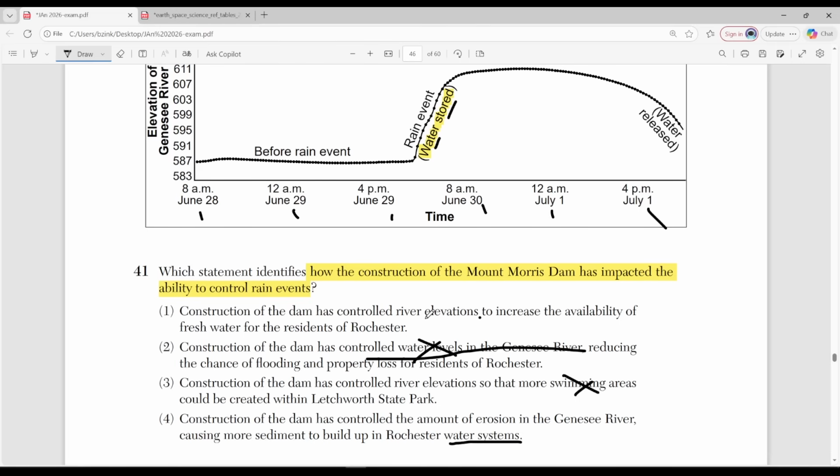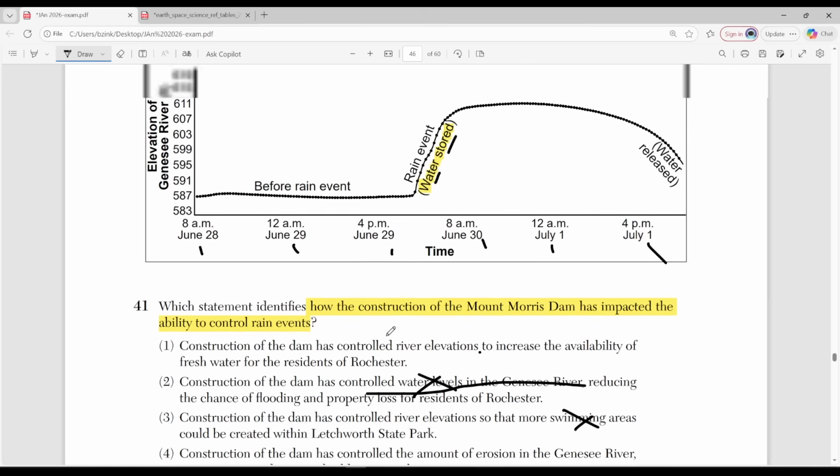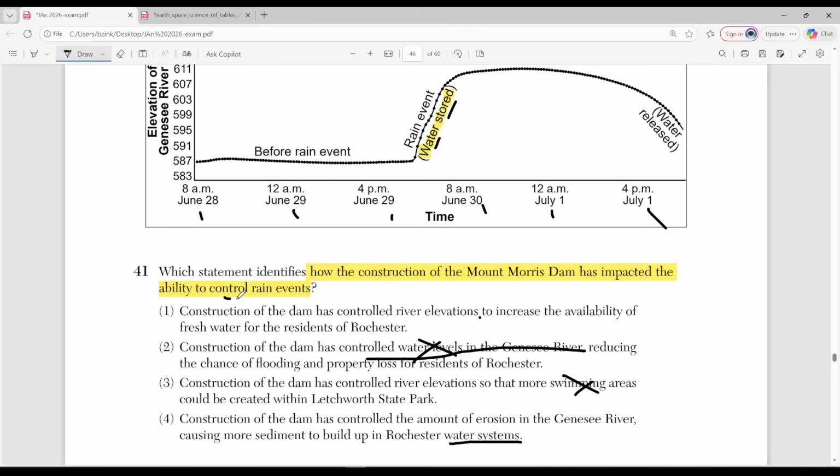Construction of the dam has controlled river elevations to increase the availability of fresh water. And we're trying to control rain events. Causing more sediments to build up in water systems. I don't think that's probably right. I'm leaning towards 1.